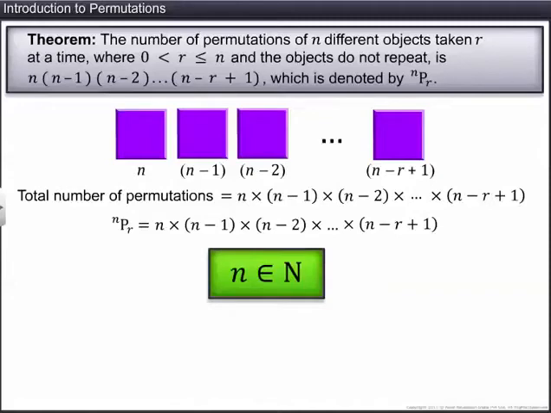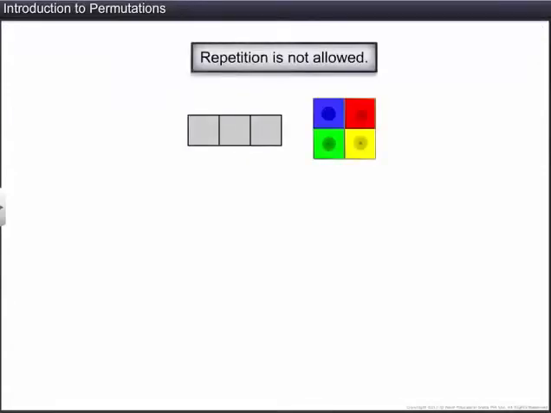To clarify this further, let's take up again the example of tiles that we saw earlier. Suppose we have 4 tiles to be filled in 3 places as shown. Here, repetition is not allowed. We have 4 different objects, which are 4 tiles of different colors.